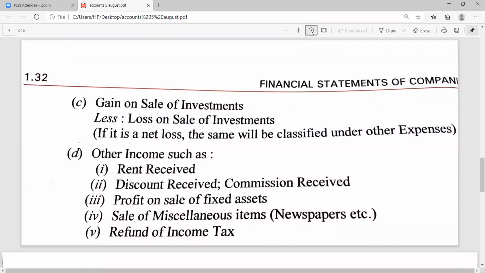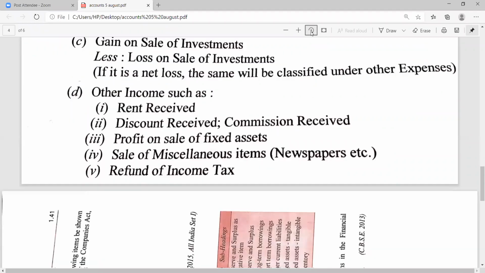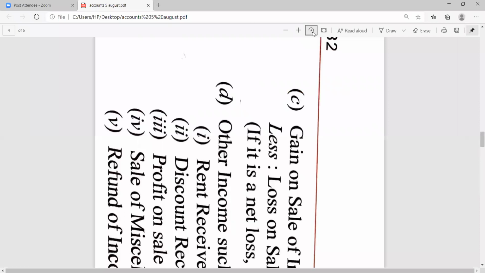After that, other income such as rent received, discount received, commission received, profit on sale of fixed assets, miscellaneous items, and refund of income tax is to be shown there. So in this way, you have to show all the items.